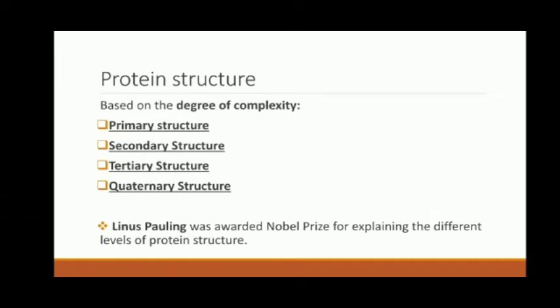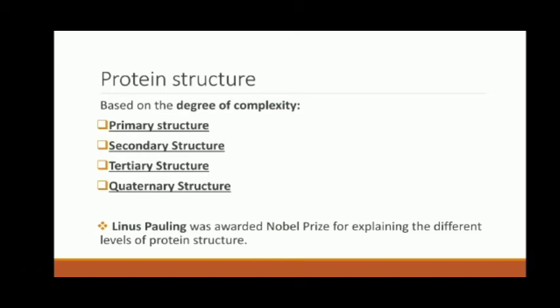And then, based on the degree of complexity, 4 basic structural levels of organization of protein structures have been recognized, which are the primary structure, secondary structure, tertiary structure and quaternary structure.